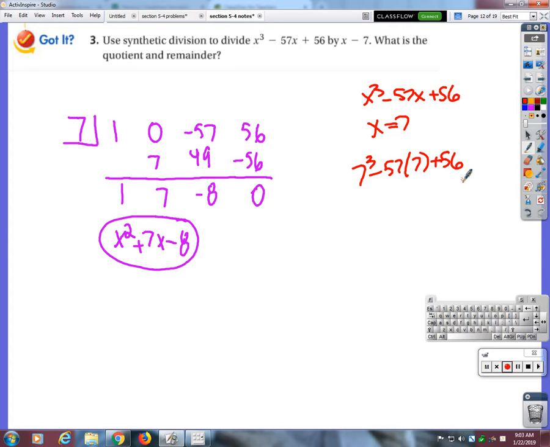Who's got a calculator available in front of them? I choose you, Gabby. What is 7 cubed, Gabby? 343. Okay. And then what is negative 57 times 7?